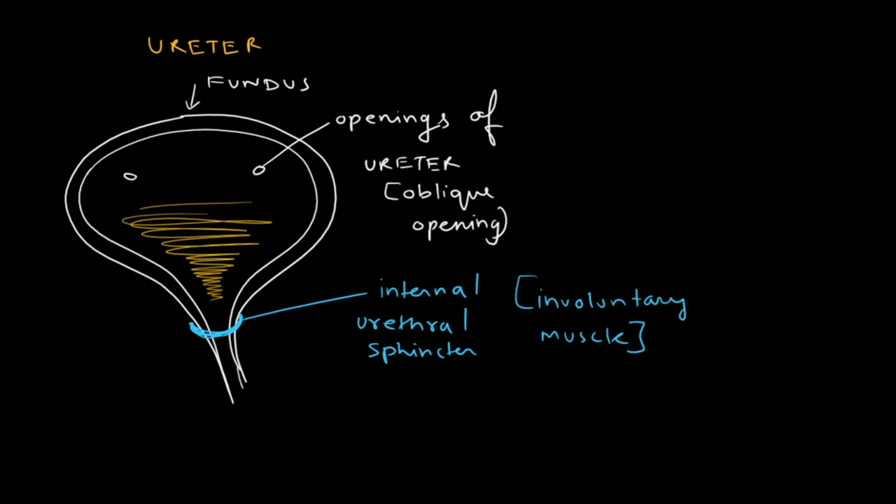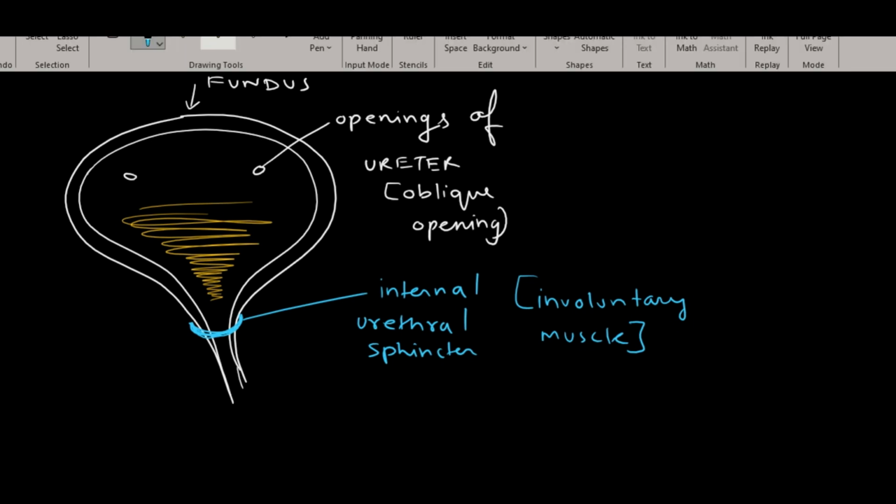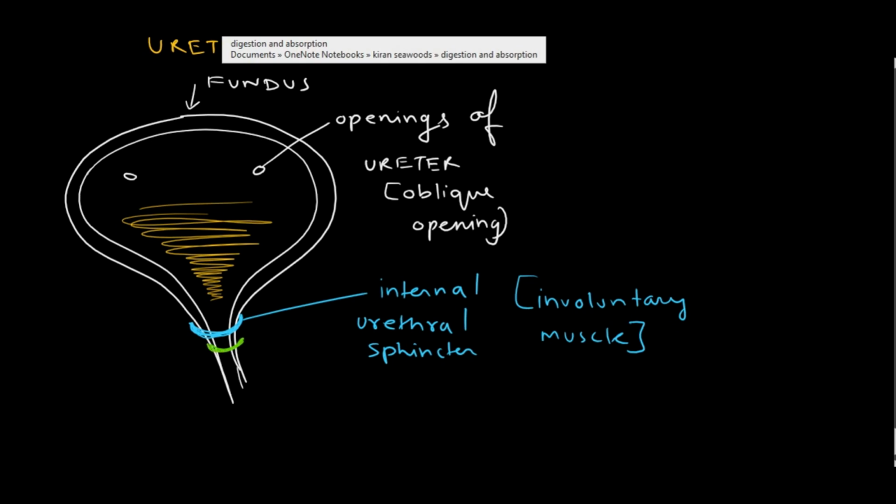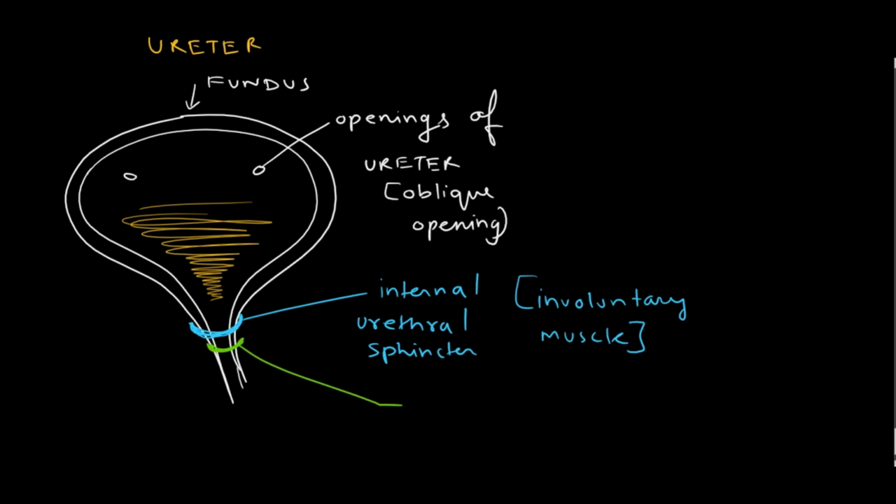We don't have any control on this particular sphincter, but there is one more sphincter which is present on the outer side. This one is called the external urethral sphincter. This one is voluntary.